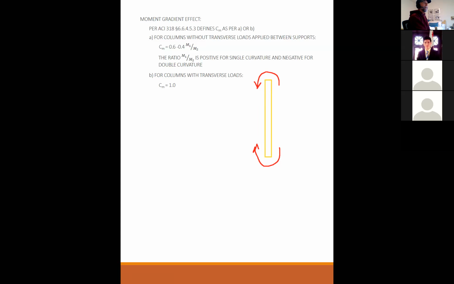But if for whatever reason I had some loading like this, now this would be loading between supports. So for my column with transverse loads, Cm would be equal to 1 in this case. Does that make sense to everybody?